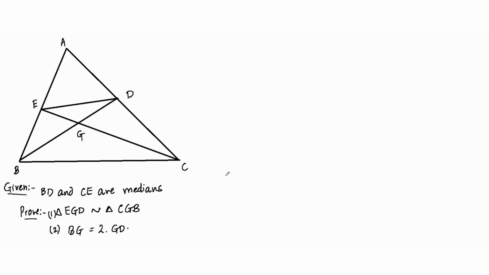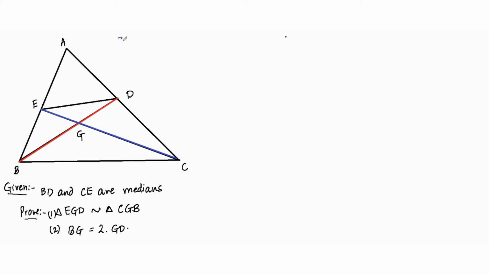So consider this diagram. It's given that BD and CE are the medians. So let us shade these lengths. BD is the median and it's also given that CE is the median, right? So it means that E and D are the midpoints, right?